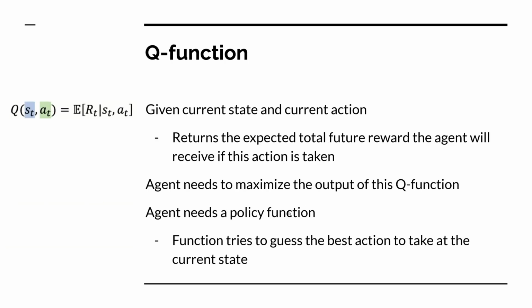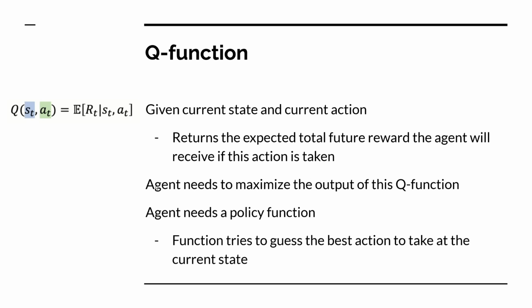Okay. Now the Q function. This right here is what is doing a lot of the heavy lifting, right? So the Q function, given the current state and the current action, returns the expected total future reward the agent will receive if this particular action is taken.